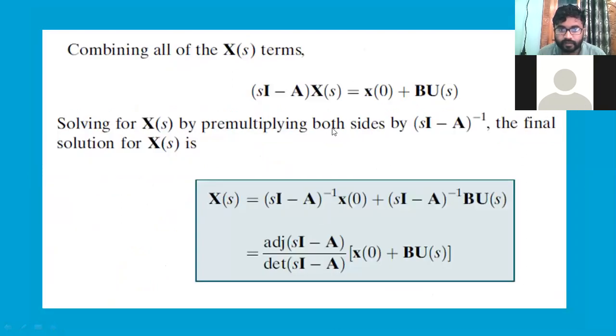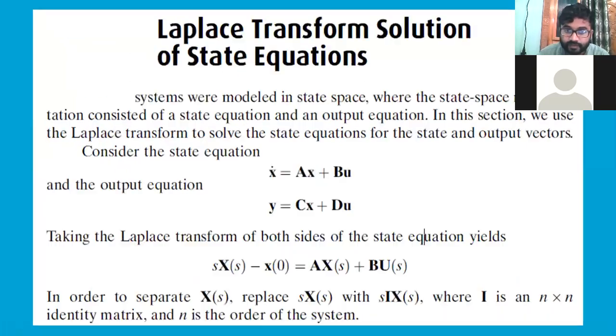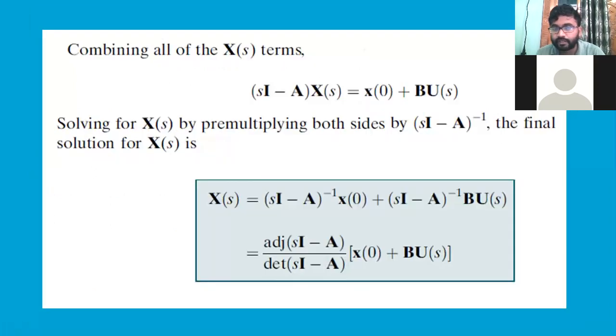This process is similar to converting a state space into a transfer function, except that there we won't consider initial conditions, but we have to consider initial conditions in the solution.